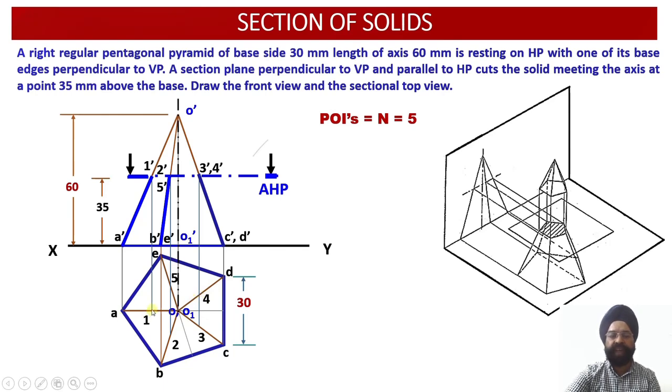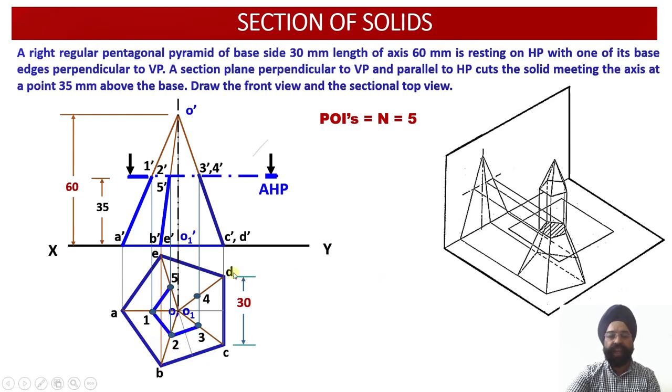So just see, POI 1 top view has been located, POI 2 top view has been located, POI 3, 4 and 5, all these top views have been located for the 5 POIs, and the front views were already located. Now we are going to put dots over here which indicate the points of intersection, and now we can join all these POIs.